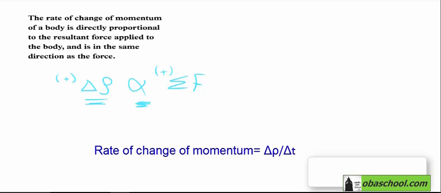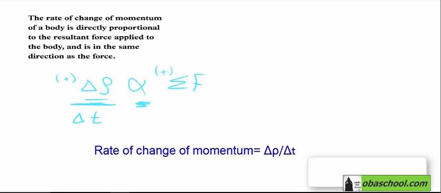If sigma F had a positive sign, then the change of momentum, or delta P, would also be positive. And we also have delta T, since the whole formula is delta P over delta T, which makes the rate of change of momentum formula.